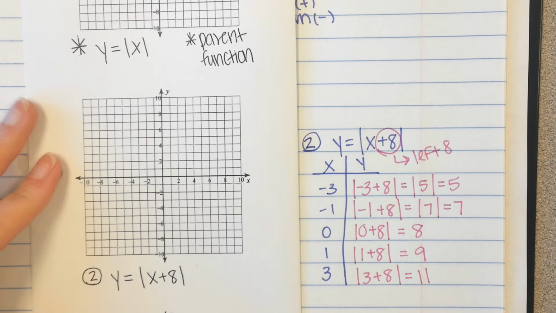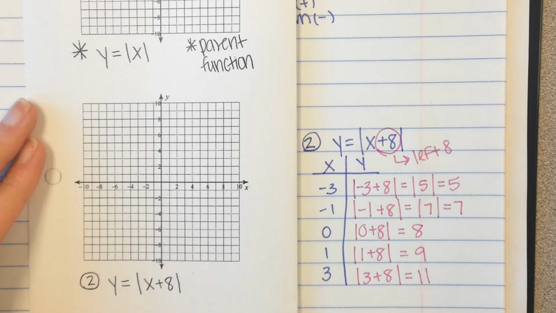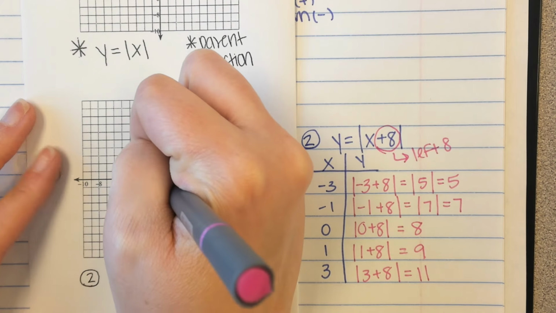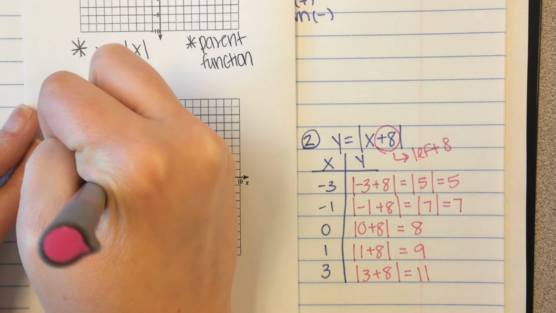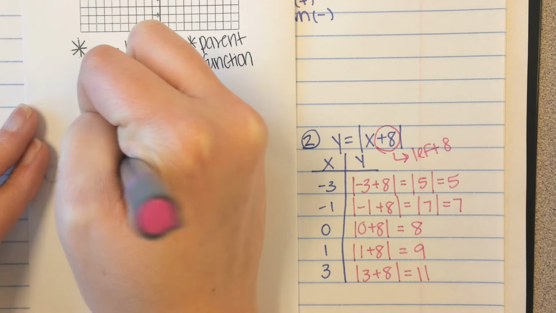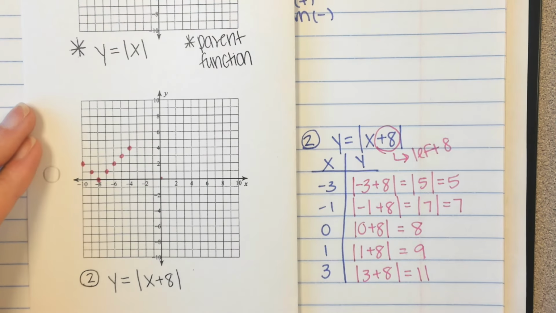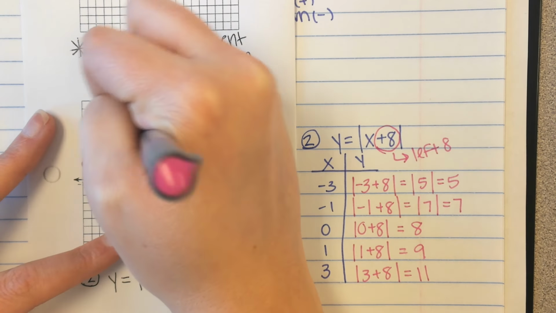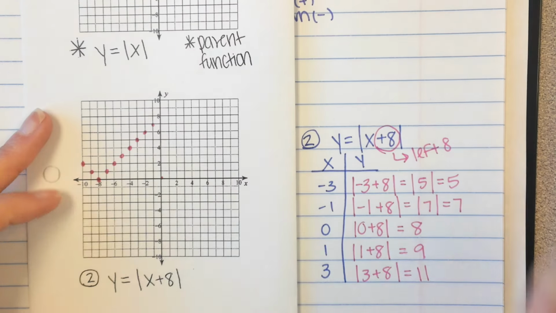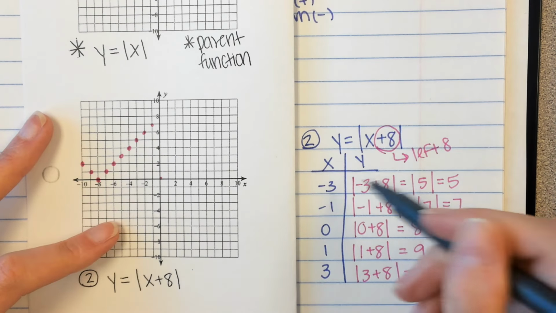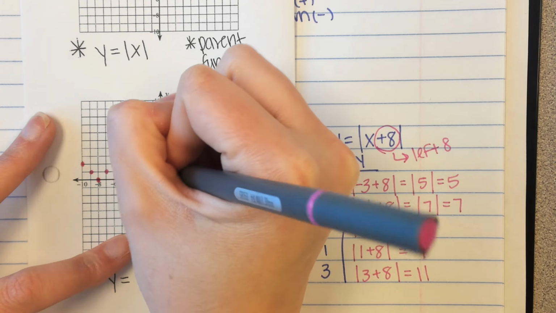So again, we're going to go back to our graphs. Okay, I can use the points if I want to, or I can just move the vertex left 8. So instead of being at 0, we're going to go to the left 8. I'm going to go up 1, over 1 on both sides. And I'll do a little more on this side just so you can see. We didn't have these points over here, but we had negative 3, 5.